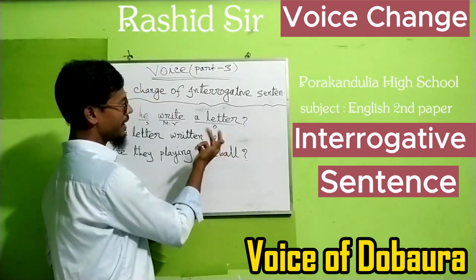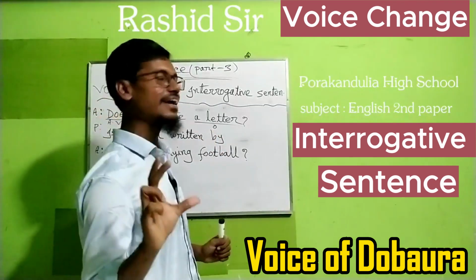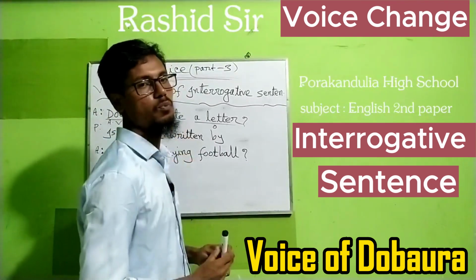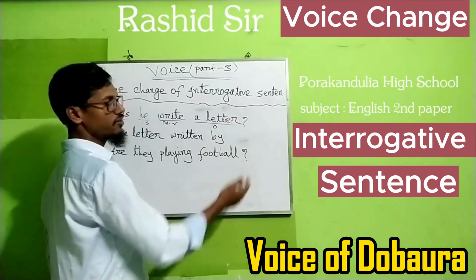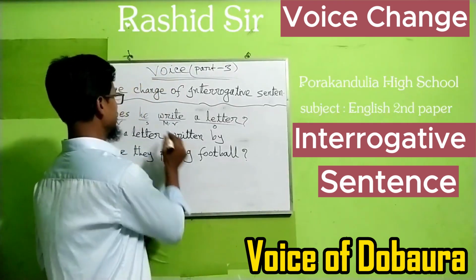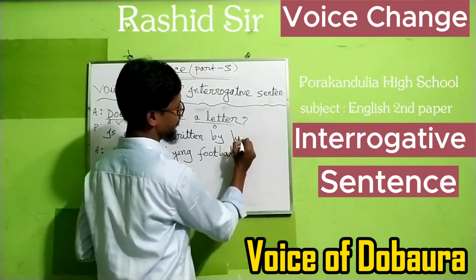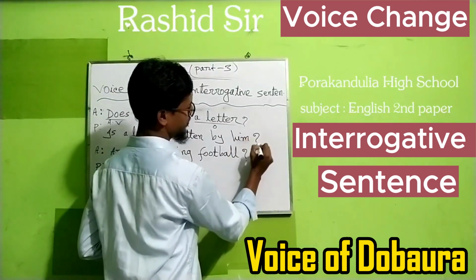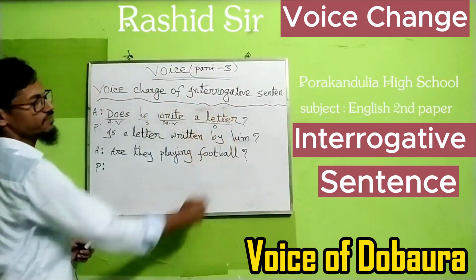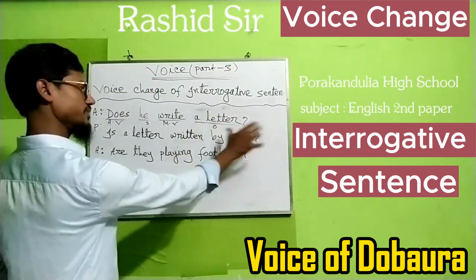After by is a preposition, and after any kind of preposition we always use object form of personal pronoun. Remember it. Here he will be him, and the mark will be question mark, as it is interrogative sentence, and it is okay.